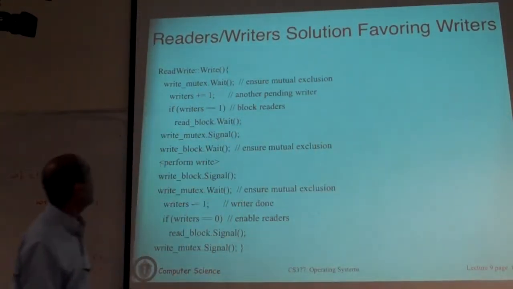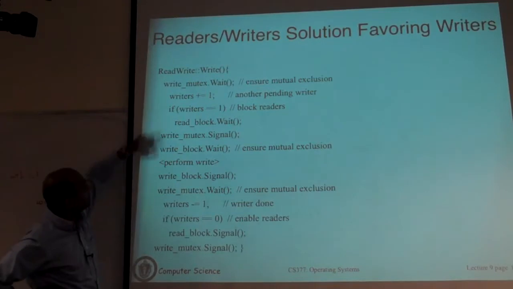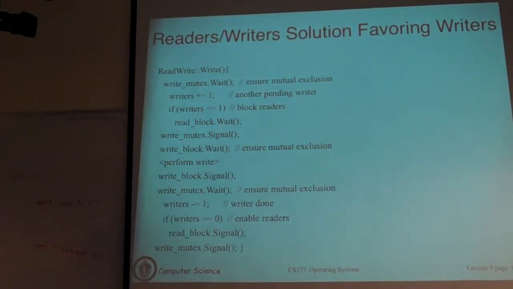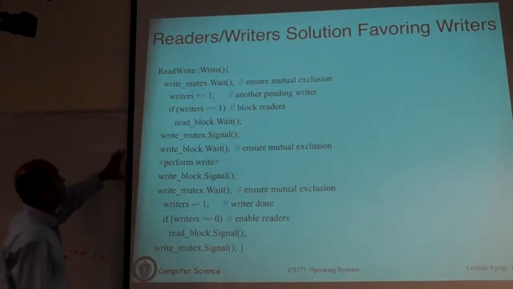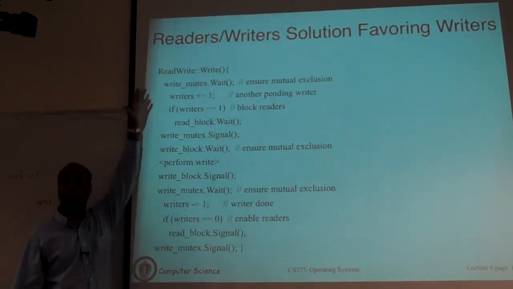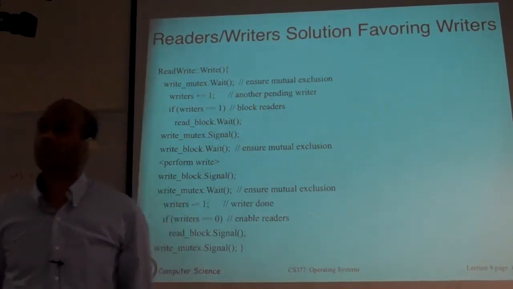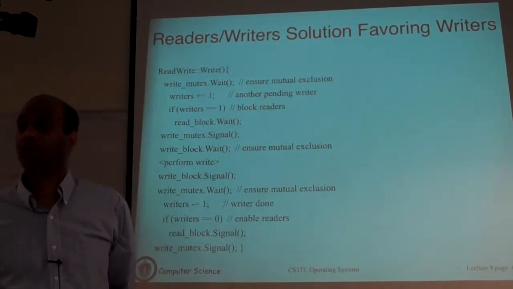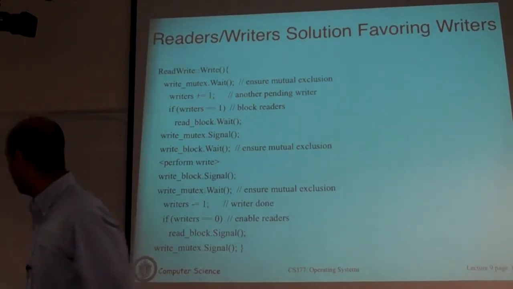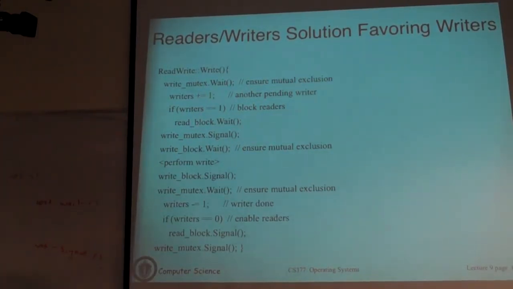So what happens here? This is the code for write. In this case, you want to favor writers. What that means is that if there are readers in the system and a new writer comes along, it blocks subsequent readers. Let's say you have readers R1, R2, R3.